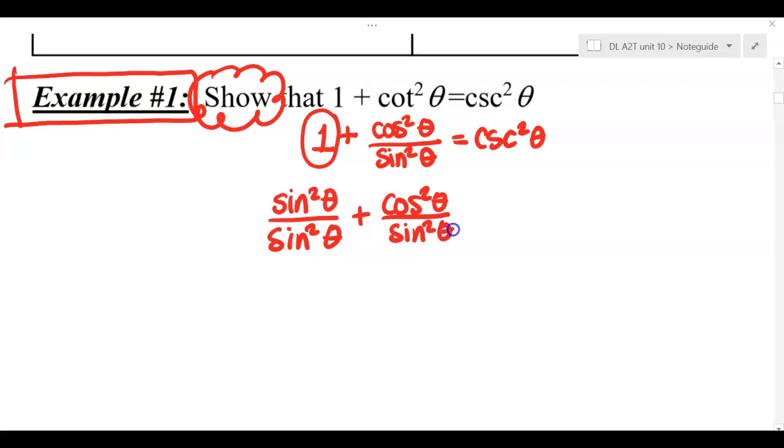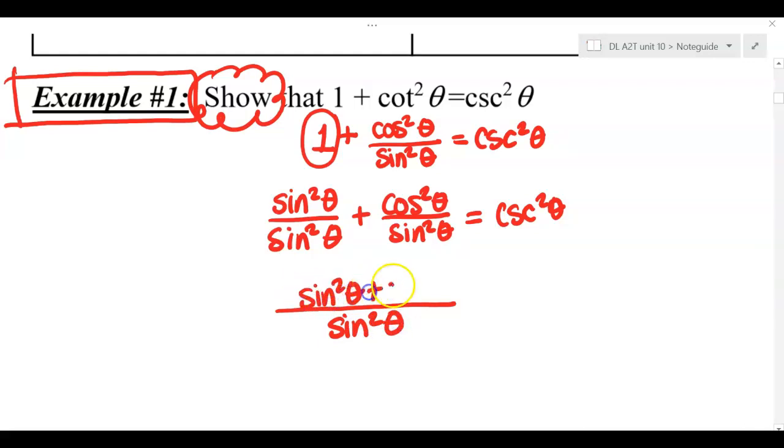And now I have fractions with a common denominator, which now means I can combine those fractions into 1. So this is going to become 1 fraction where the denominator is sine squared, and the numerator is going to say sine squared plus cosine squared. And this is where knowing your identities would come in handy. We should recognize sine squared plus cosine squared.